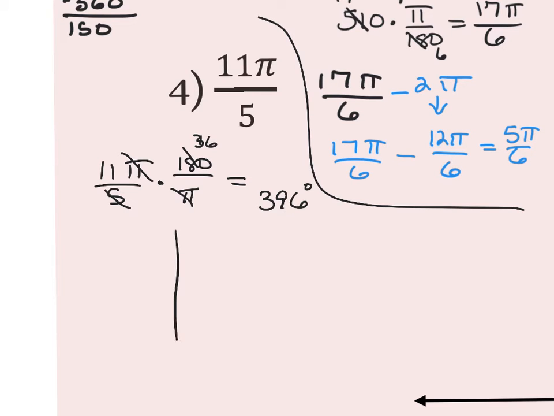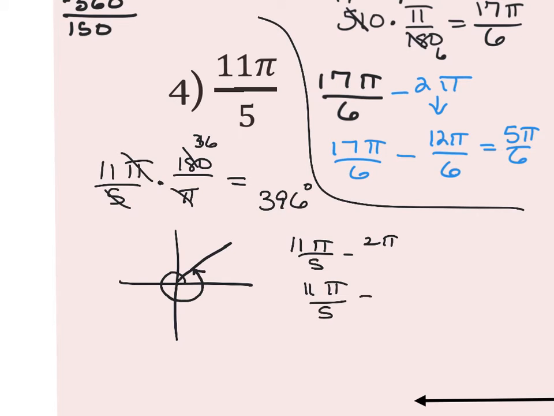So if I graph this, I'm going to go around one full circle and then a little bit more. And again, in radians, 11 pi over 5, subtract 2 pi to get my reference angle. And then this would become 10 pi over 5, which becomes pi over 5. So my reference angle right here is pi over 5.